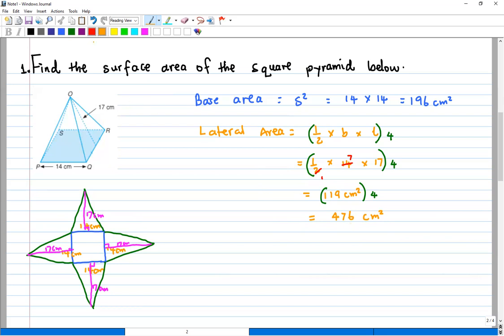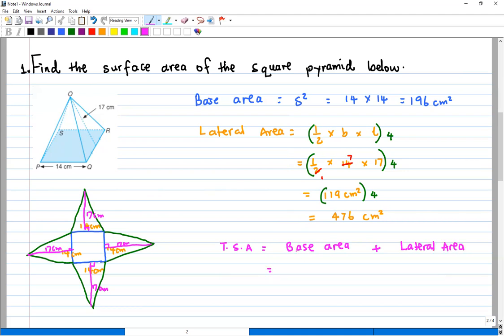To get the total surface area, the surface area of the whole pyramid, we get the base area plus the lateral area. So the total surface area will be the base area plus the lateral area.